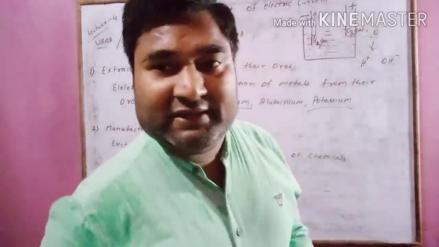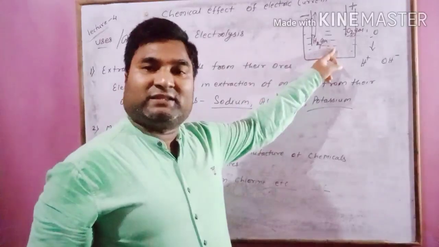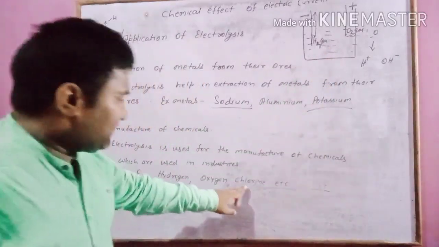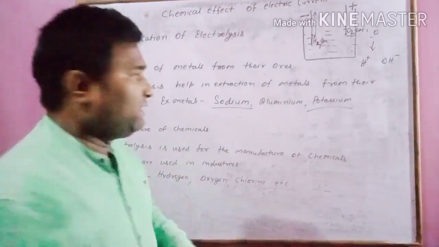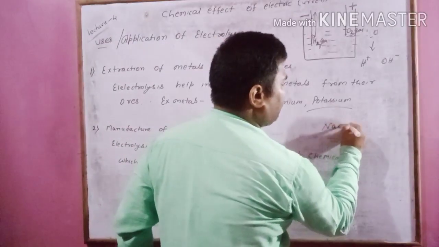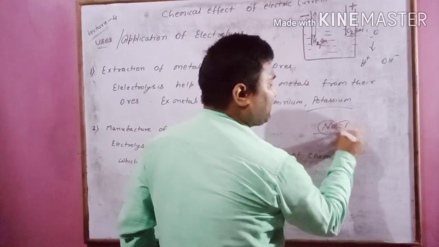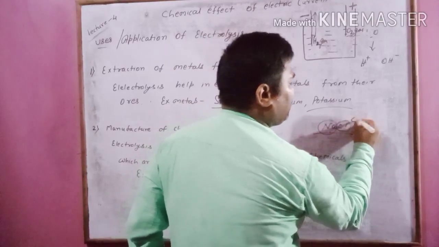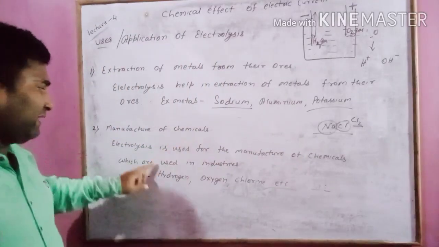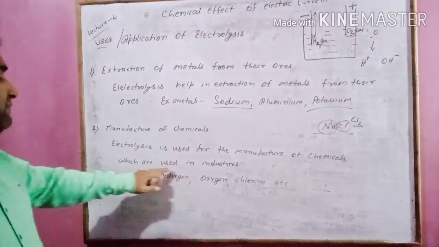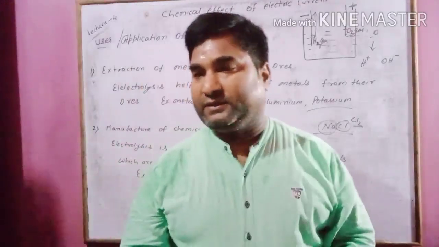So hydrogen and oxygen are generated during hydrolysis of water, and in the last board which I drew, during the breakdown of NaCl, sodium was deposited at the cathode and chlorine gas was formed at the anode. So with the help of electrolysis we can also manufacture chemicals used in industry such as hydrogen, oxygen, chlorine, etc. Okay.